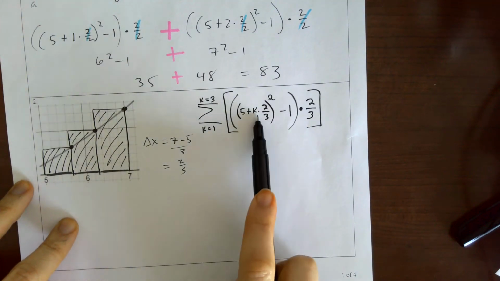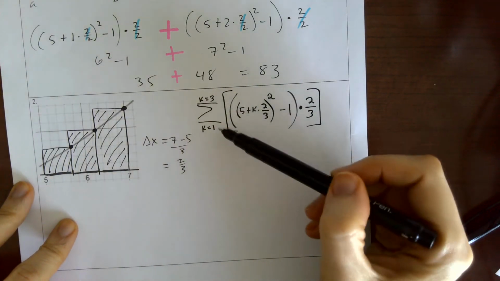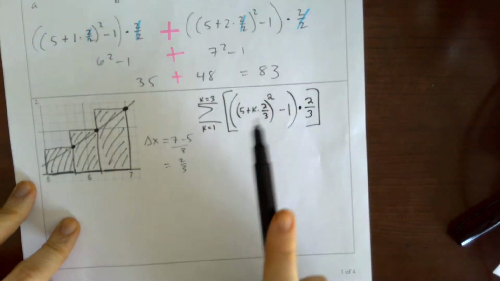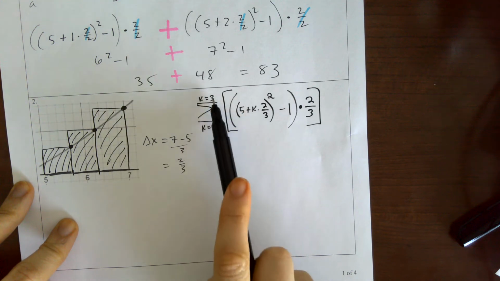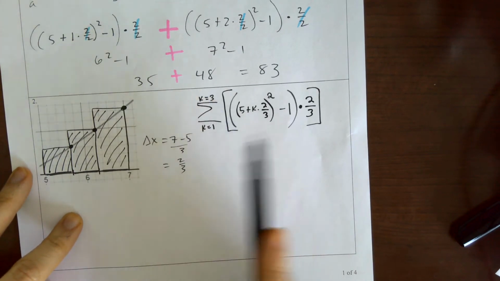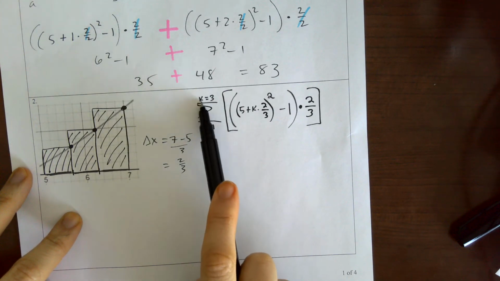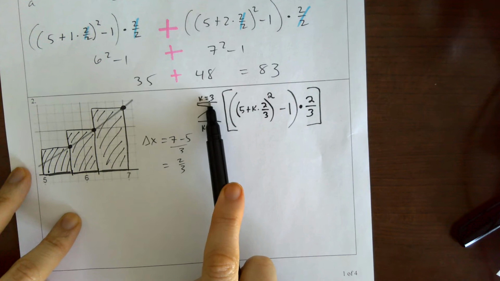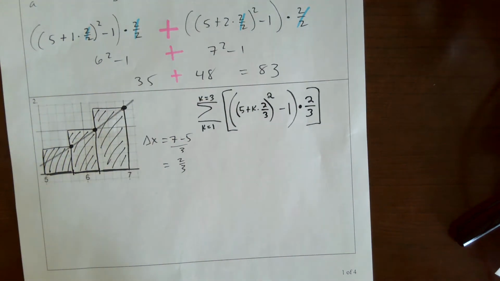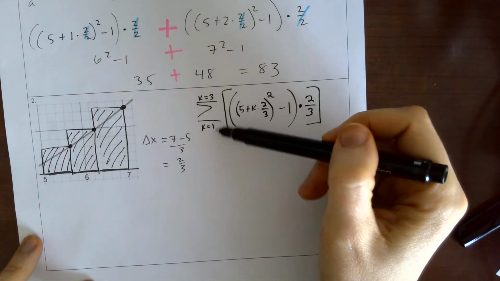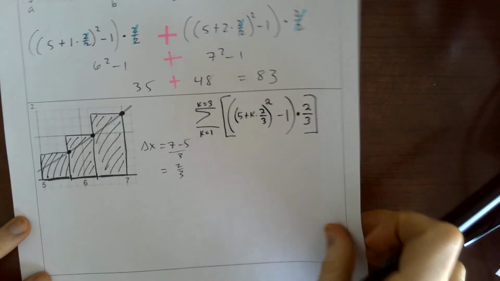For the first term, k will be 1, all the way up to 3. So for the second term, k will be 2, and then for the last term, k will be 3. For the first term of your sum, k is always this bottom number, and for the last term, it's the top number. And for the terms in between, it's whatever numbers are in between.